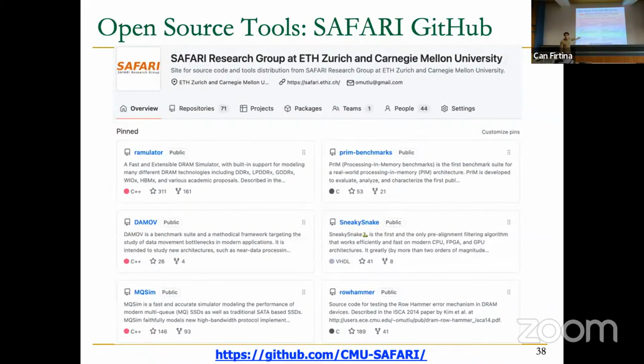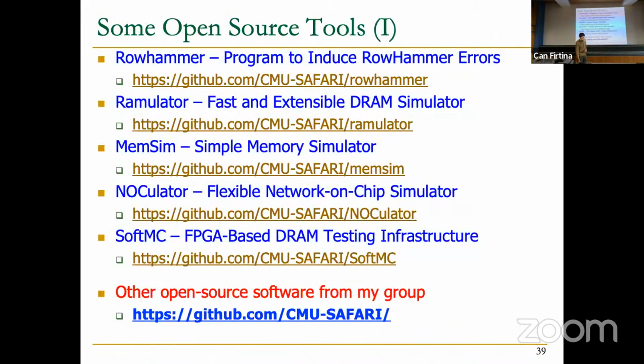MQSim, for example, is a simulator for SSDs that was also developed here at ETH. The Move and Prim benchmarks are works that we will likely introduce here in the course about how to characterize workloads, to identify what are the different data movement bottlenecks that they have, and Prim benchmarks, that is a benchmark suite for processing in memory architectures.